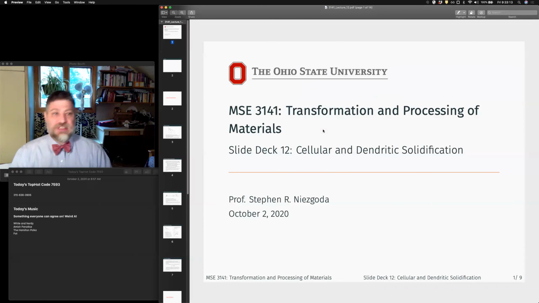Okay, so today I want to hit this dendritic solidification. This is a topic I want you all to think about conceptually more than quantitatively.